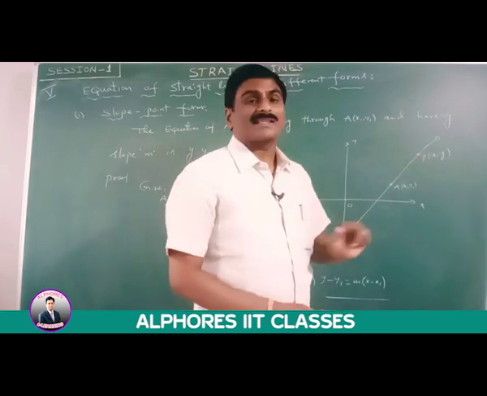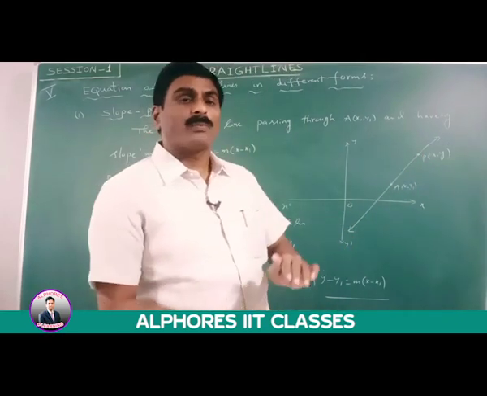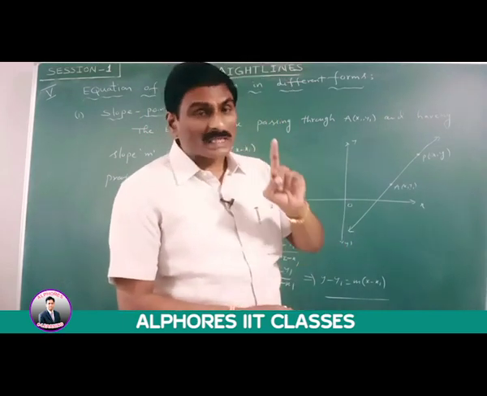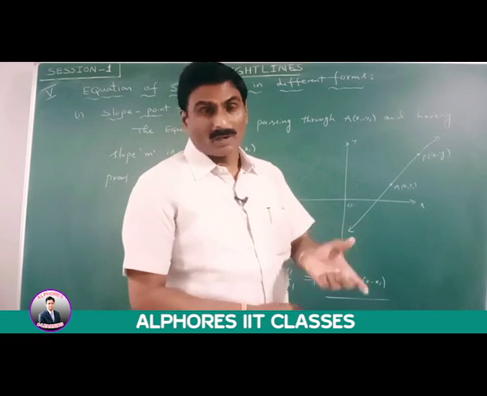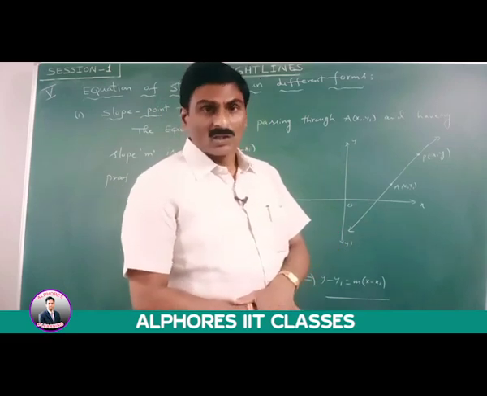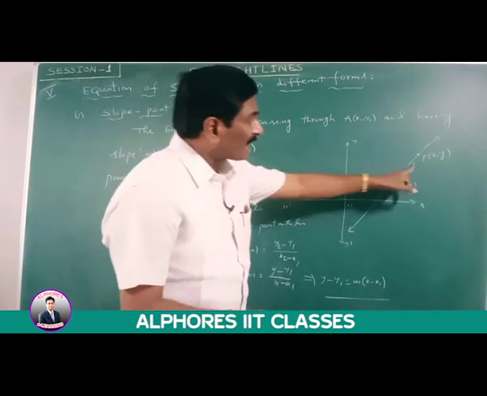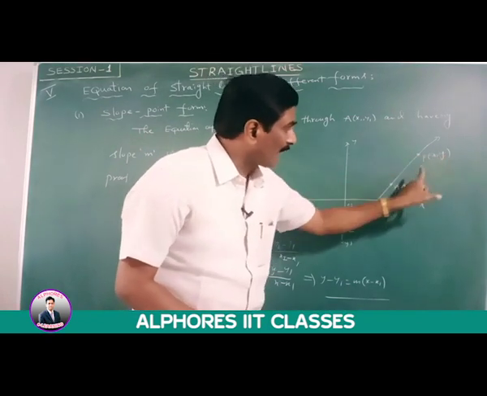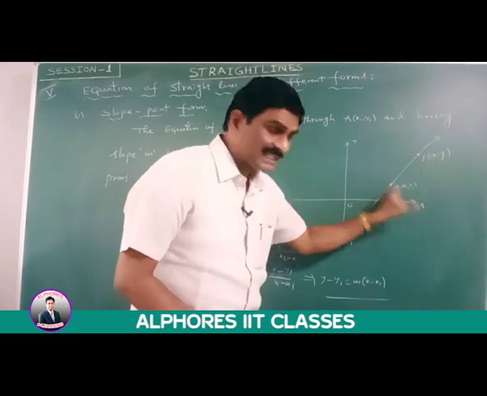If 2 points are given, what is the slope? Slope is equal to y2 minus y1 by x2 minus x1. By using that formula, we find the slope. But the slope is already given as m. So m is equal to y2 minus y1 by x2 minus x1, which means y minus y1 by x minus x1.